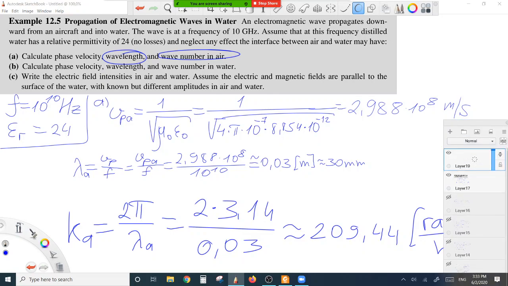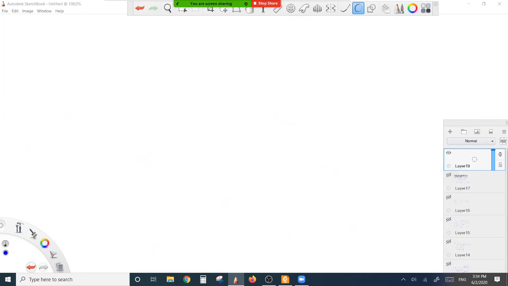Okay, now the next part of the problem, part B. Calculate phase velocity, wavelength, and wave number in water. Now we are switching to water, where the relative permittivity of the water is 24 and the relative permeability is not given.